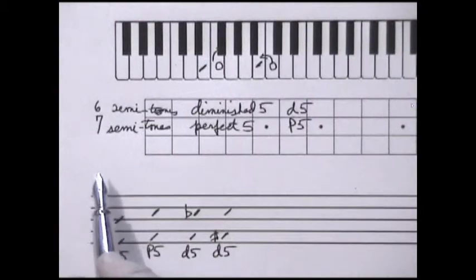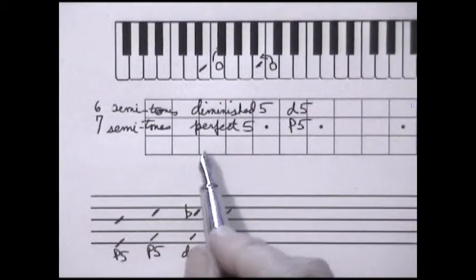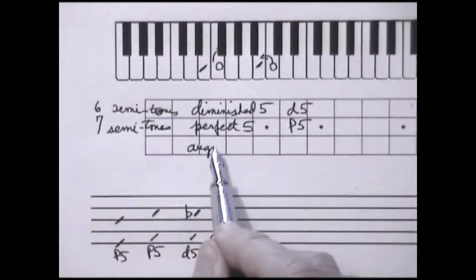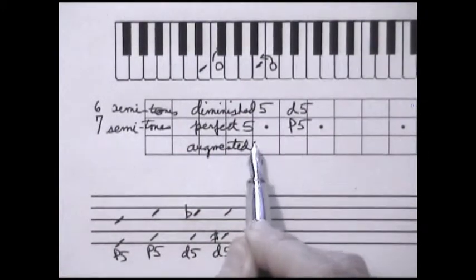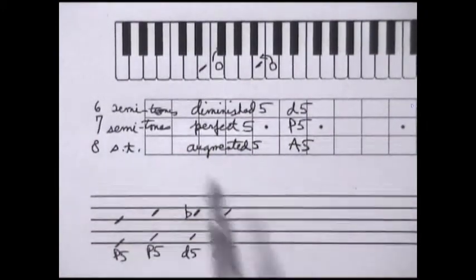If I have one more semitone than the perfect fifth, I'll have an augmented fifth, abbreviated capital A5.